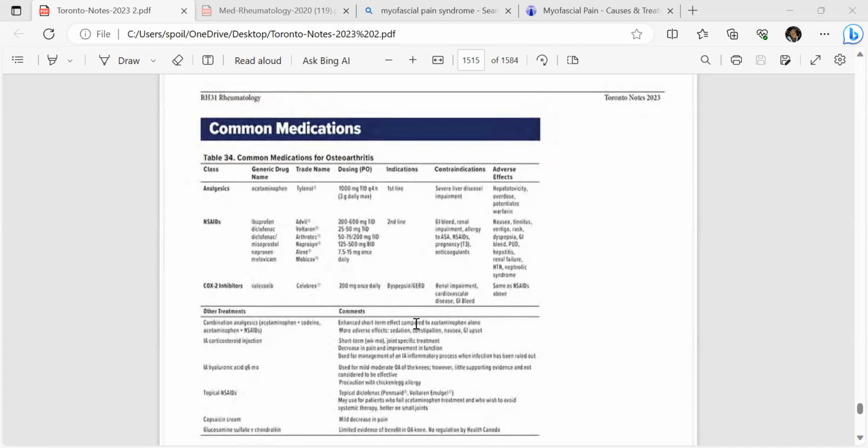Okay, fine. Renal impairment is a contraindication, and cardiovascular disease and GI bleed, and the adverse effects are same as above, that is nausea, diarrhea, vertigo, rash, dyspepsia, GI bleed, PUD, hepatitis, renal failure, hypertension, nephrotic syndrome.